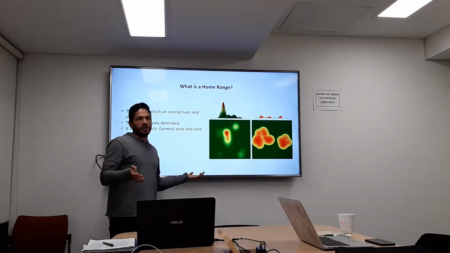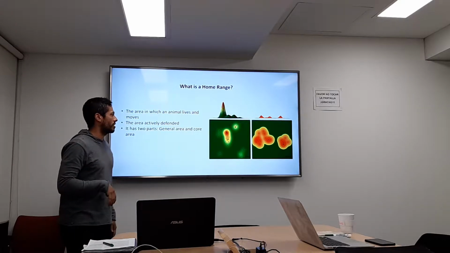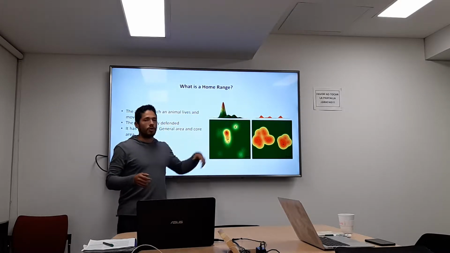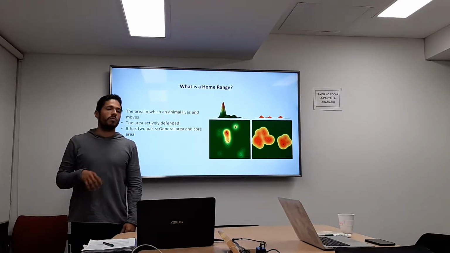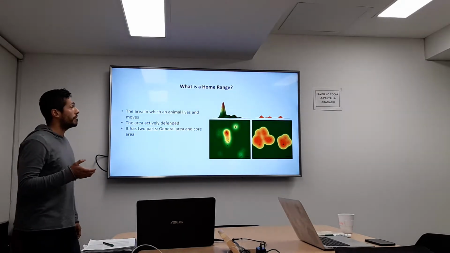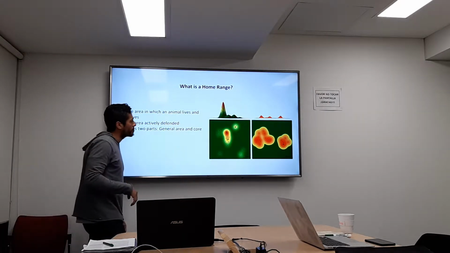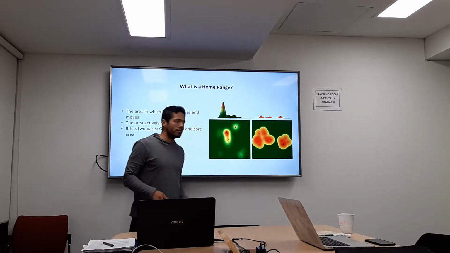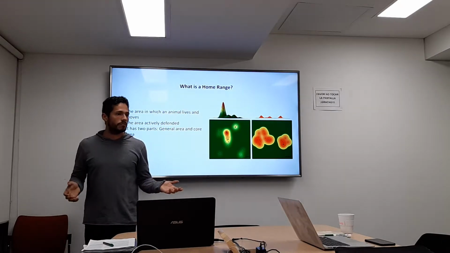In this case, the most visited places by an animal, and most of the time, the core area is related to feeding places. For example, for a frugivorous animal, this red area may represent a big fruiting tree.